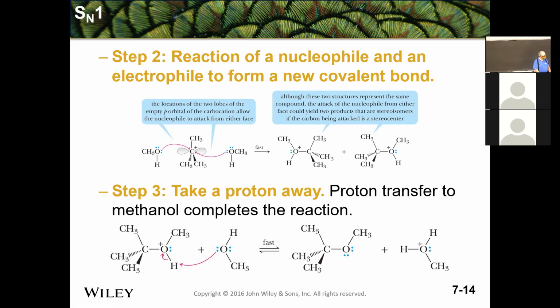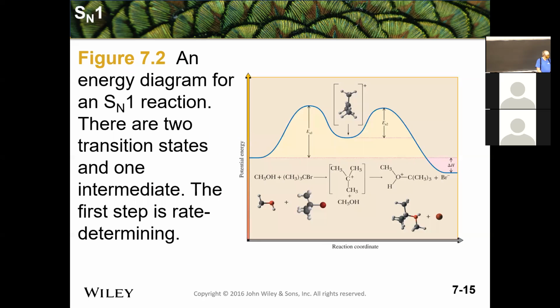So if the nucleophile is neutral, then there is an additional step in which a proton is taken away. There's two steps in an SN1. There's a reactive intermediate. The first step is the slow step, the rate determining step.